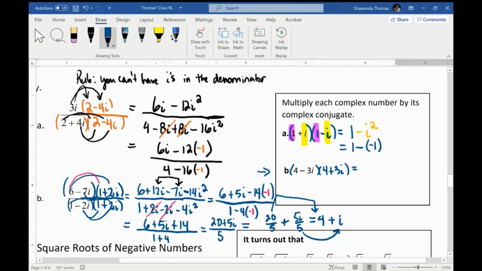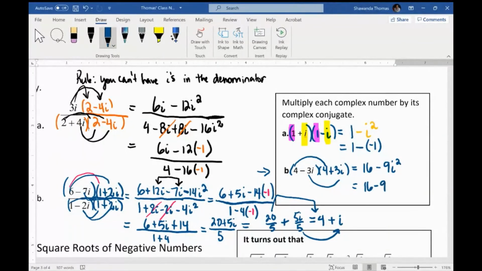All right, so again, you can FOIL all of it out if you want to. No problem. I just know the rule, that when you multiply conjugates together, the middles will cancel out, sort of like difference of squares. So 4 times 4 is 16. And negative 3i times positive 3i is negative 9i squared.